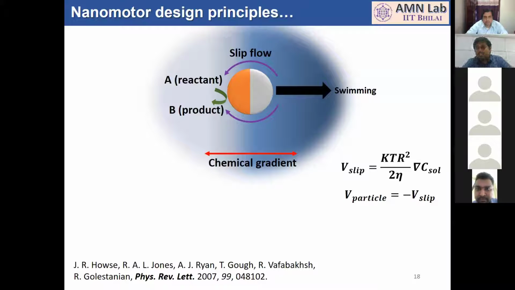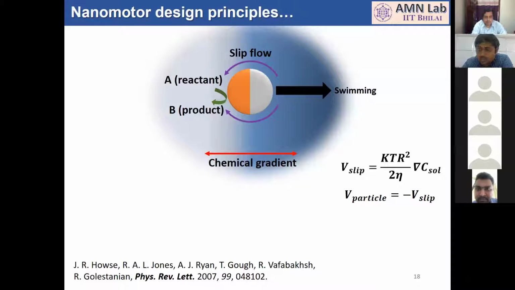In the first generation of nanomotors, they were using chemically active materials like platinum, magnesium, silver chloride, etc. With these materials it was working fine, it was moving, it was swimming. But the problem was that you don't get control over the activity of the motor.